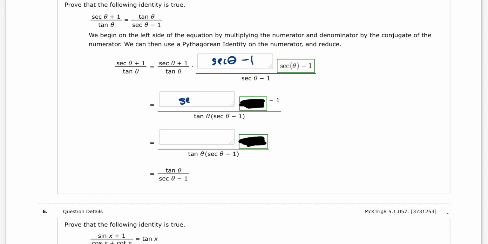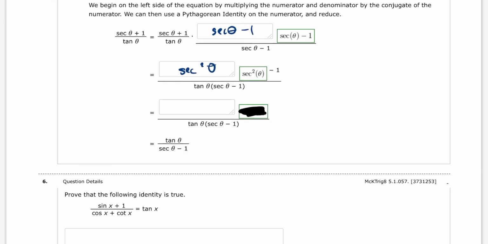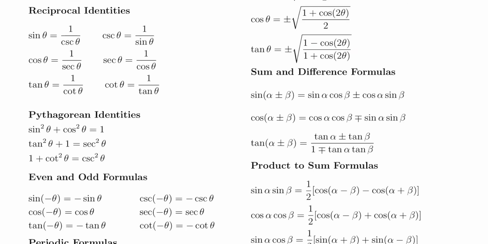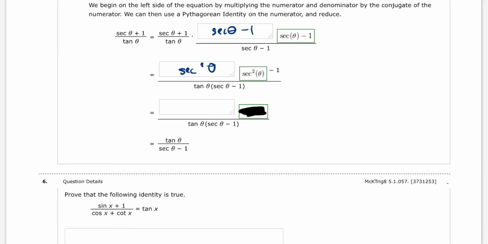The minus 1 is already there for us. In this step, it looks like we have secant squared minus 1. Well, that's an identity. If you subtract 1, secant squared minus 1 is equal to tangent squared. So that's going to be tangent squared.